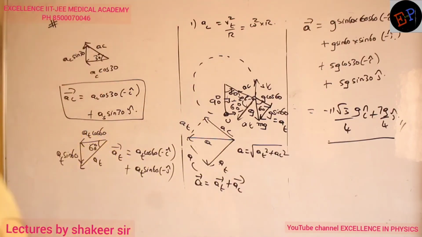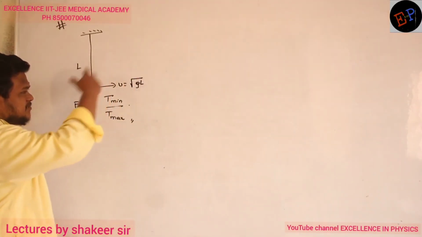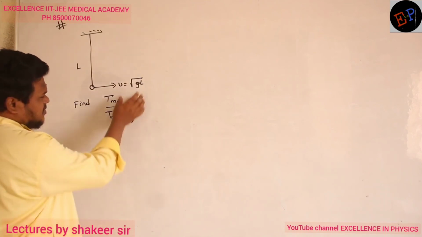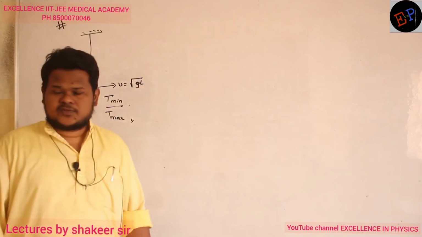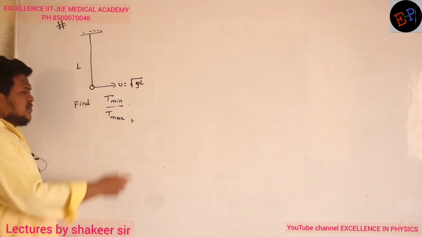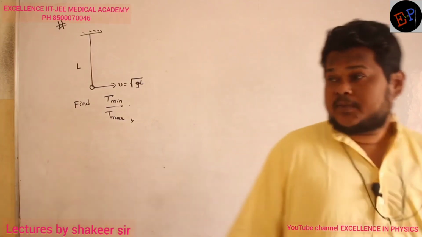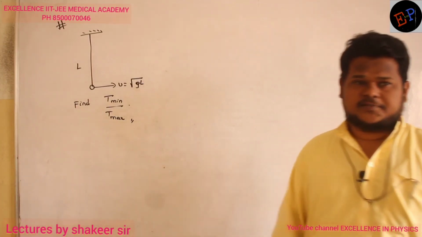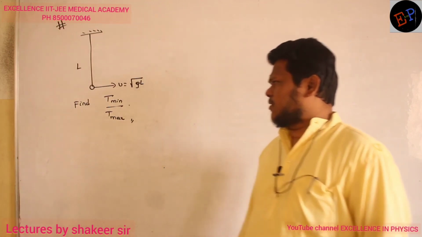Okay, that's it. This is a vertical concept, again vertical motion. So what is the velocity which I am giving at the bottommost position? Velocity is root gl. Then I am supposed to find out the ratio of minimum tension to maximum tension. First of all, can you say where tension will be minimum?